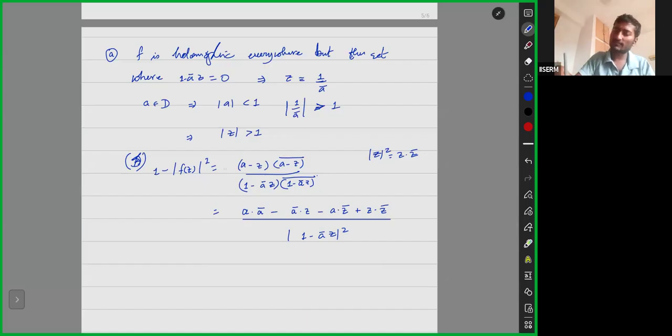Then we just want to simplify it more. So we have to multiply here 1 minus a bar z, 1 minus a into z bar, and minus everywhere inside. So minus here, plus here, minus here.